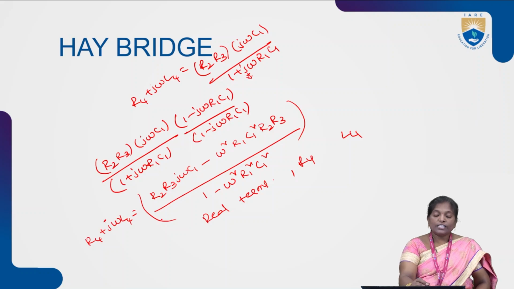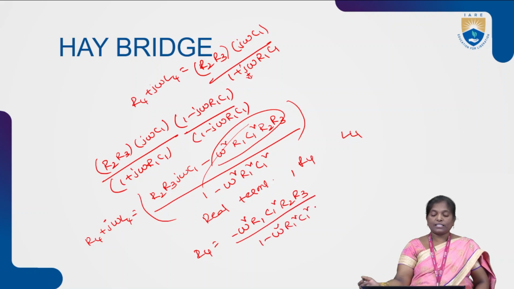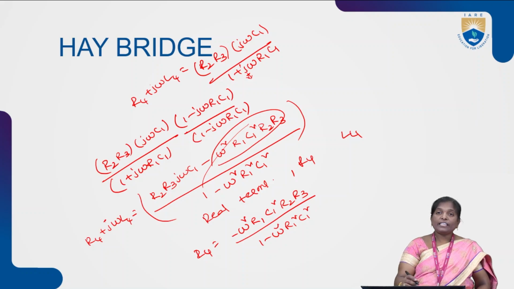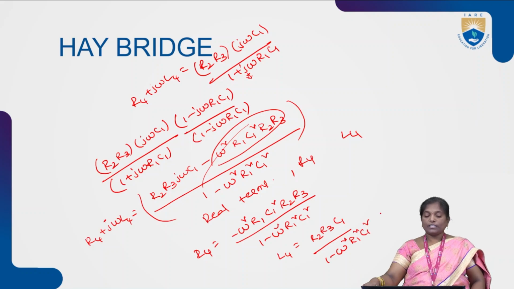So first of all, equate the real terms on both sides. The real term is this one. Then we have R4 equal to minus omega square R1 C1 square R2 R3 by 1 minus omega square R1 square C1 square. Similarly, by equating imaginary terms on both sides, we have L4 equal to R2 R3 C1 by 1 minus omega square R1 square C1 square.